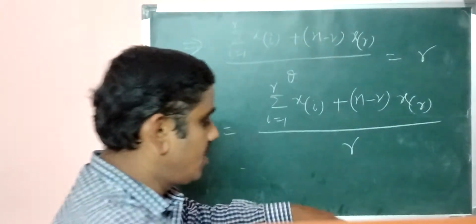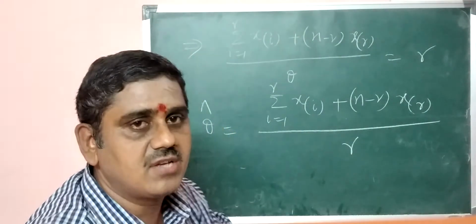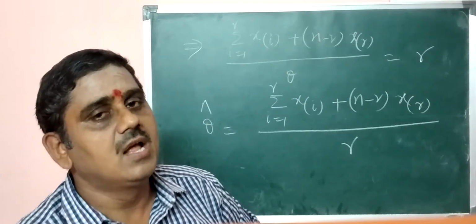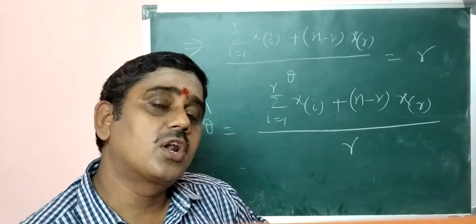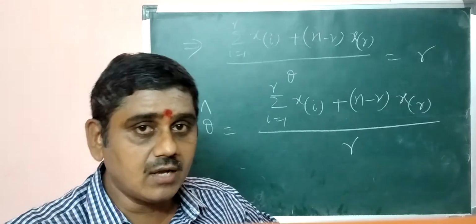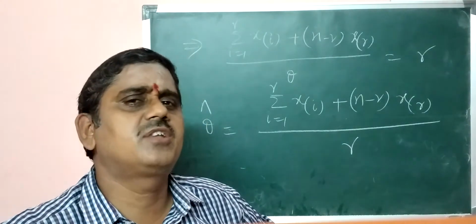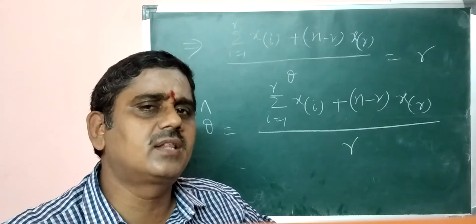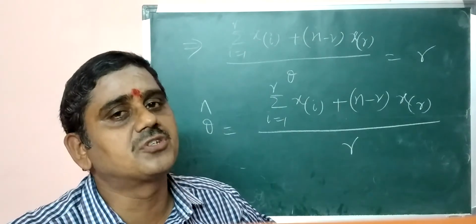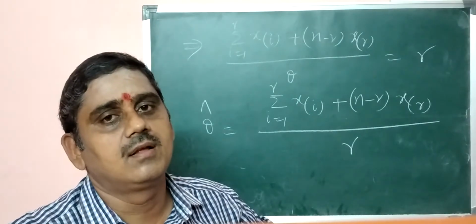This is the part of estimation of reliability. But you have to remember and study it in a fashion that this is the estimation of the parameter theta of the exponential distribution in the concept of reliability.